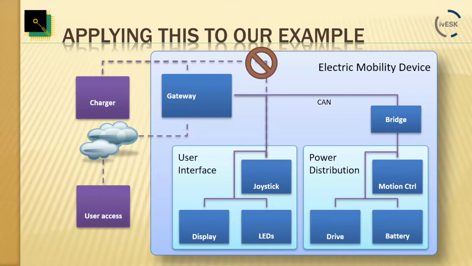Because if, for instance, you have a charger or a diagnostic device that you allow to plug in to your internal network, then this is a dynamic that we also have to prepare for in security, because this means that the CAN IDs potentially used by this device and allowed directly on this CAN network are not always present. We suddenly need to add a state where we say, in this state it's allowed, in another state it's not. So the recommendation is that you always use a gateway for everything external.